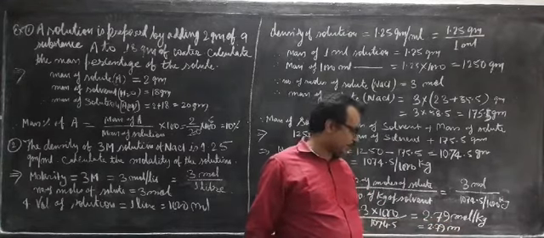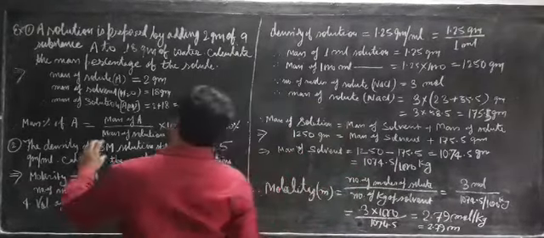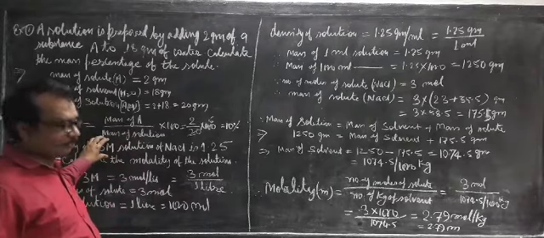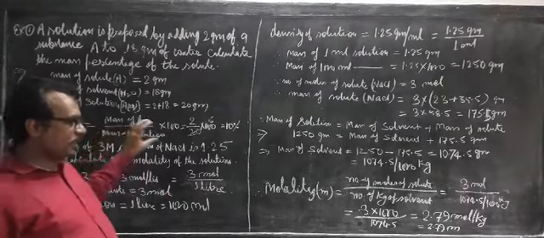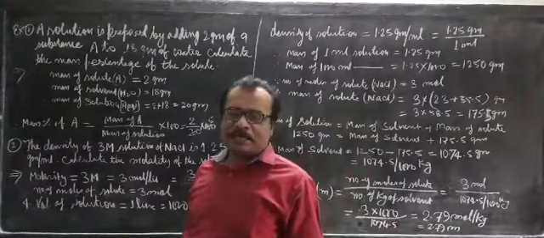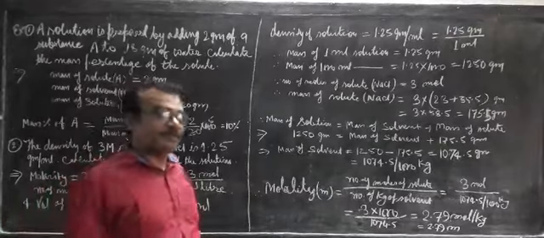So 2.79 m. What is the molarity of the solution? 3m. And what is the molality of the solution? 2.79. So molality and molarity are not necessarily the same thing, but different.